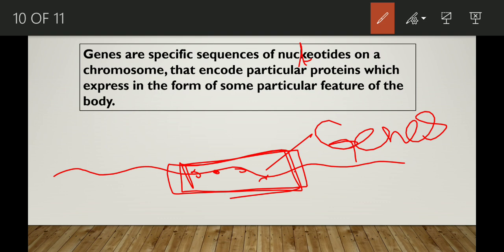This particular sequence will encode particular proteins which will express in the form of some particular feature of the body. That's why genes are considered to be the hereditary material. These genes are responsible for inheritance.